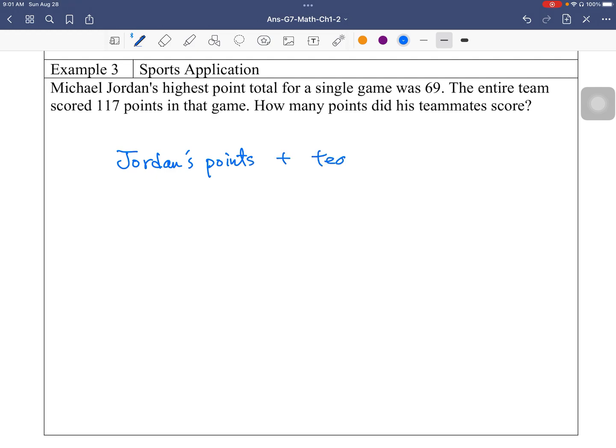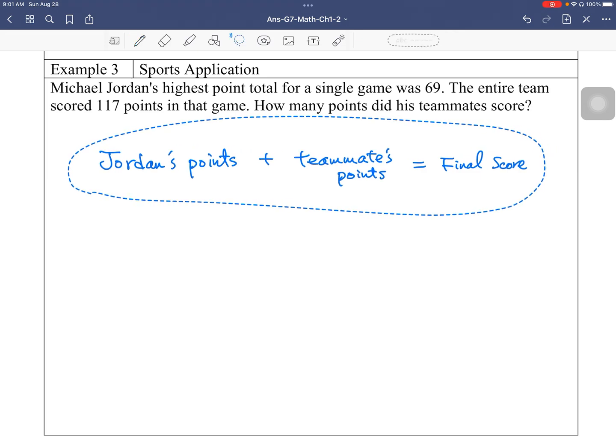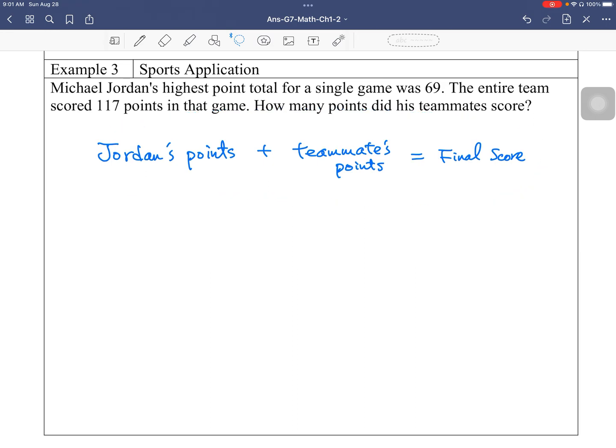Jordan's points plus teammates' points equals the final score.